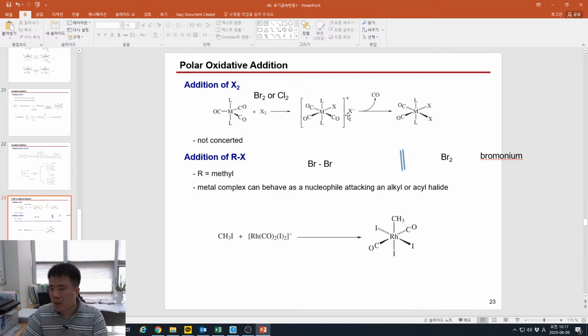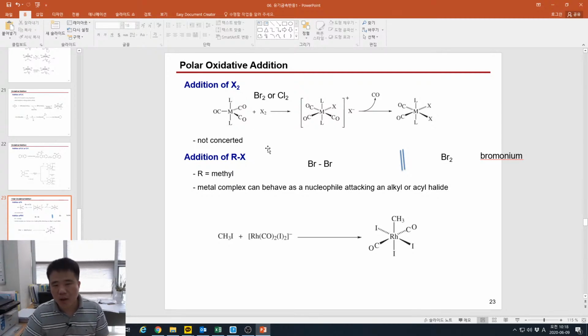So X minus is released, and the generated X minus attacks the organometallic compound and then kicks out one ligand. During this step, we have learned associative or dissociative; maybe a dissociative mechanism, because the coordination number is 6, so the dissociative mechanism will be plausible. Anyway, it is quite similar between olefin and bromination.